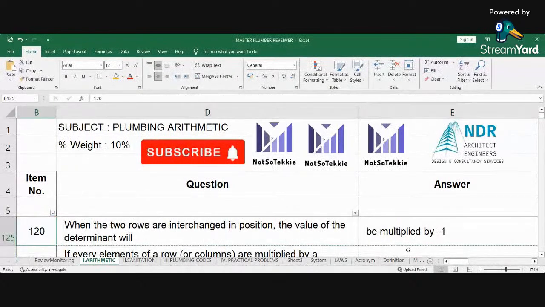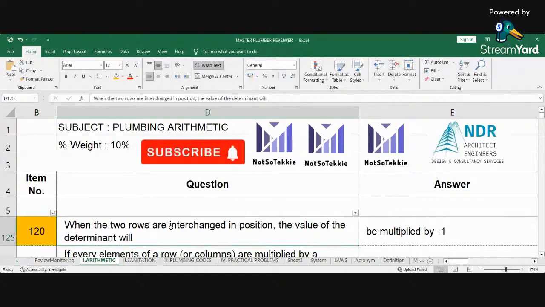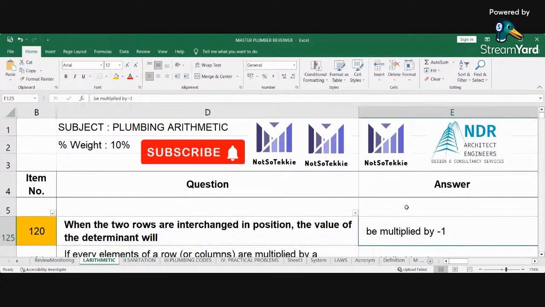120, akalain. 20 na agad. When two rows are interchanged in position, the value of the determinant will be multiplied by negative 1.